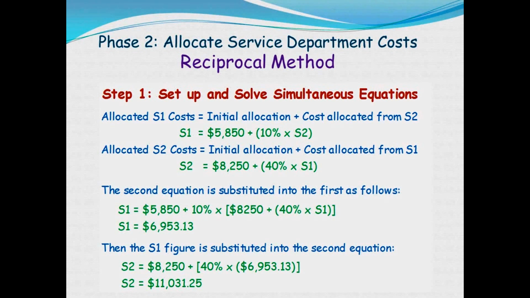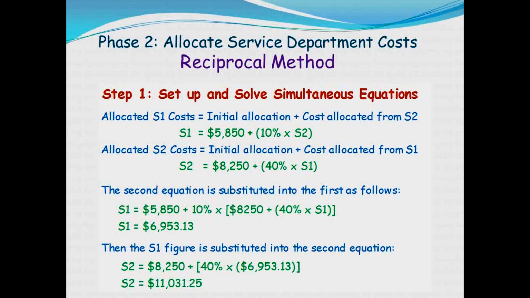The total cost for service department 2 is the amount allocated to it originally, plus its allocation from service department 1. Obviously, you don't have these two answers yet. We have two equations with two variables, so you could do simultaneous equations, algebra.